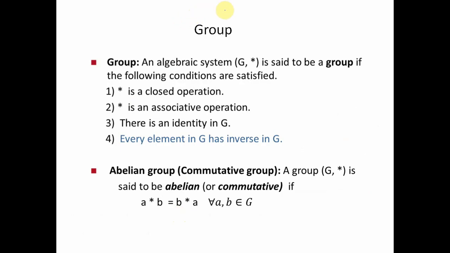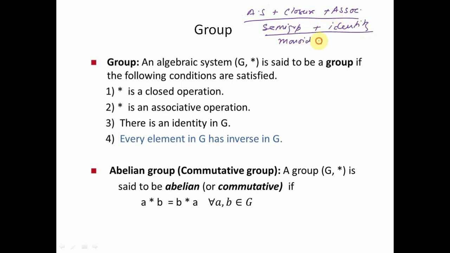Let's proceed further. We said that algebraic structure plus closure plus associativity gives me the semigroup. Semigroup plus identity gives me monoid, and monoid plus inverse: if each element of the set has an inverse, then the algebraic structure is said to be a group.